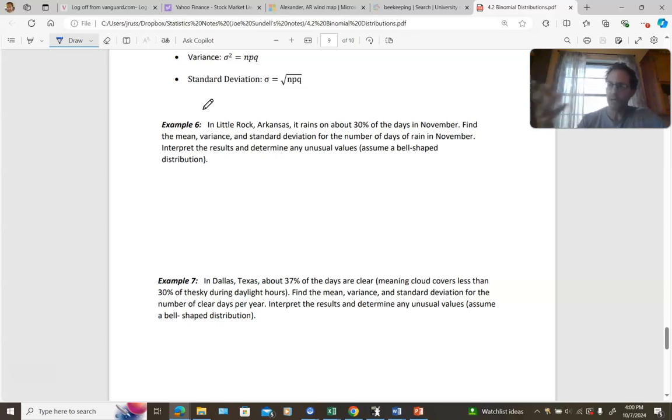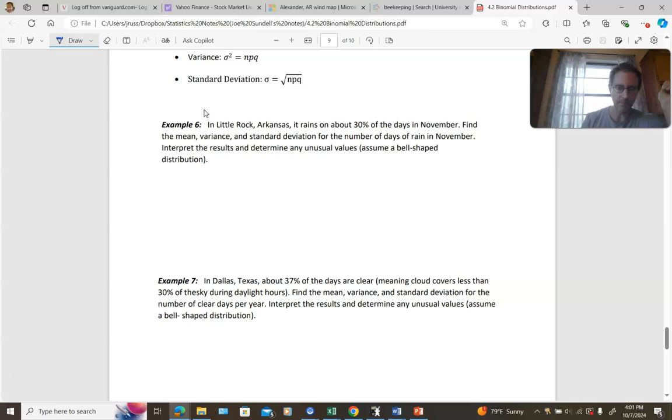By the way, this is binomial because a success would be that it rains, and each day would be like a trial. There are about 30 days in November, so there'd be 30 trials. How many of those trials would yield a success on average? Or in other words, how many of those days in November could we expect there to be rain?